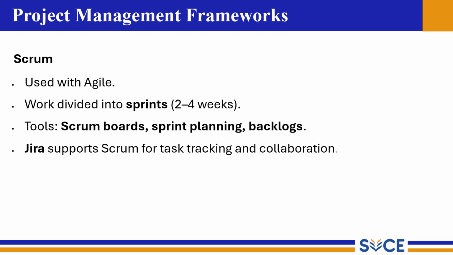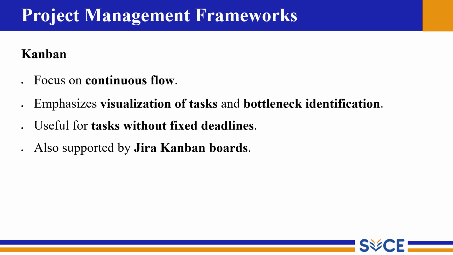In real-world projects, we often use frameworks to manage SDLC efficiently. First one, Scrum, which works with Agile, divides work into sprints using roles and backlogs. Kanban focuses on continuous workflow visualization, great for ongoing tasks.